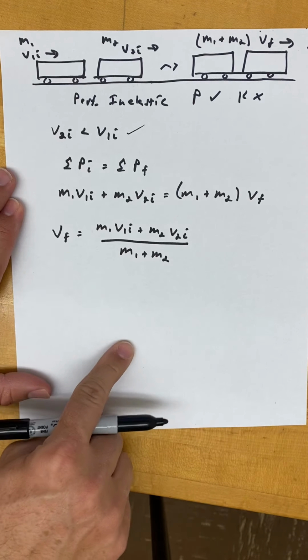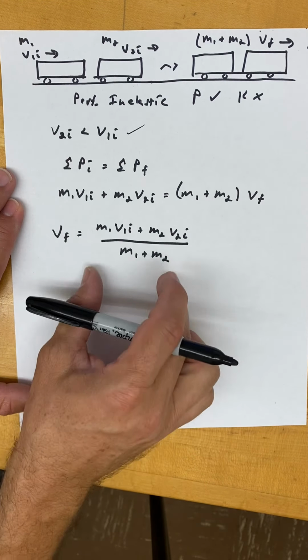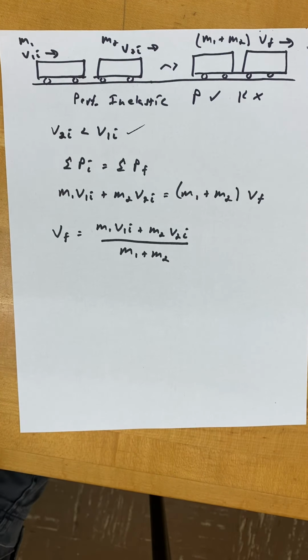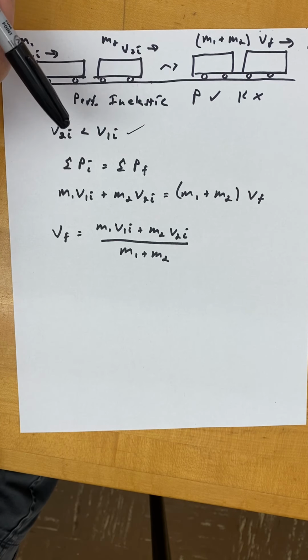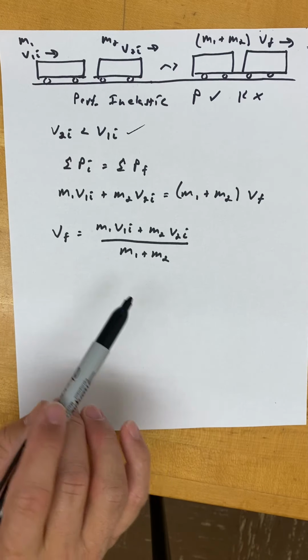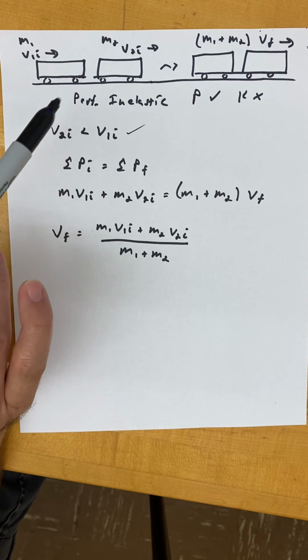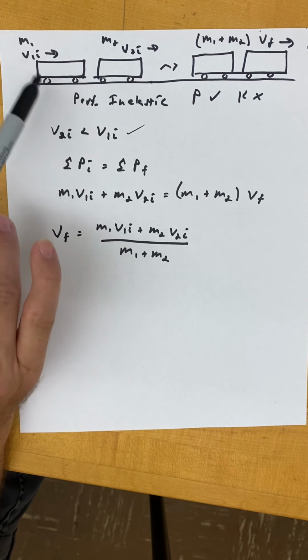You can do some algebra here to get the masses by themselves, or get the masses as a coefficient. I'm not going to. I'm going to leave it like this. I don't think there's any intuition we can really get here that we didn't get in the previous video. But what I want you to see is that the final velocity here is going to have to match up with the direction of the initial velocities.